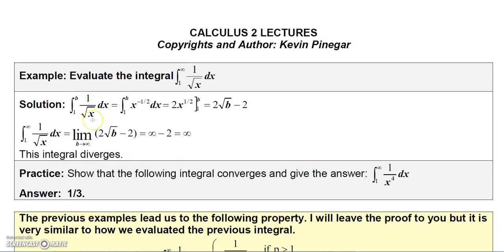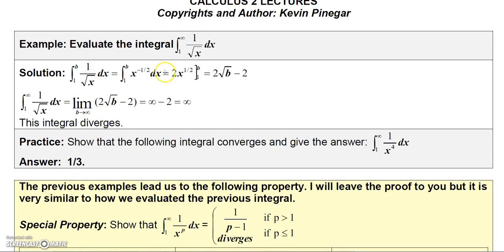Okay, now this one, I'll go ahead and just evaluate this first. So this one, 1 over square root of x from 1 to infinity. Let's write that as 1 to b, and then 1 over square root of x dx. Well, 1 over square root of x is x to the negative 1/2.